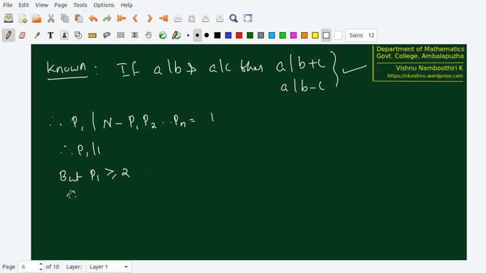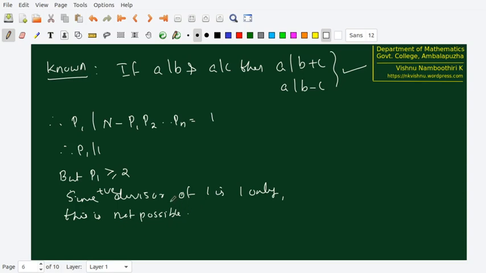Therefore, since the only positive divisor of 1 is 1, this is not possible. What is not possible? P1 dividing 1 is not possible.